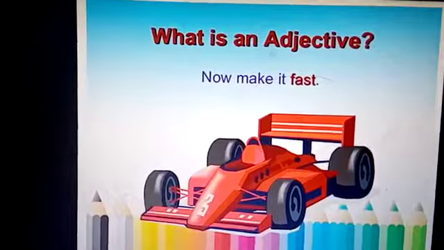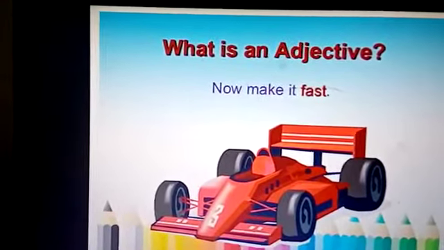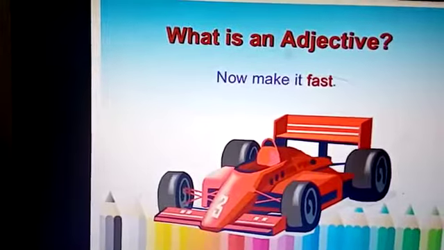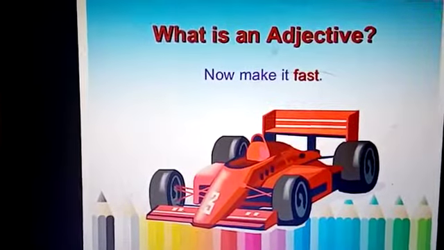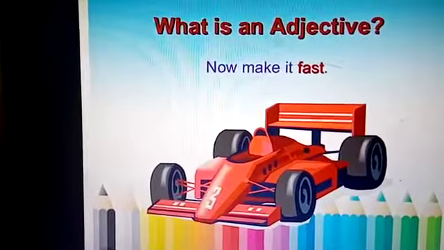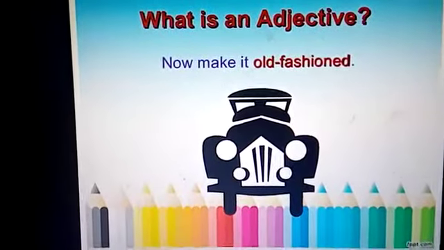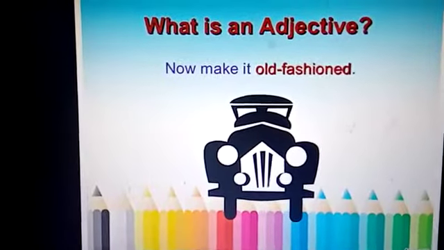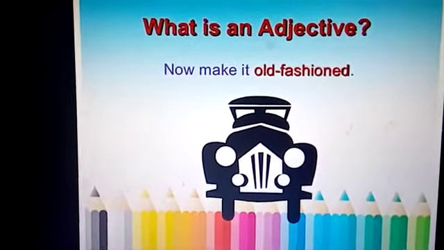See the second picture. This is a car which is used in a race because it runs very fast. Fast here is an adjective. Old fashioned car, old here is an adjective.